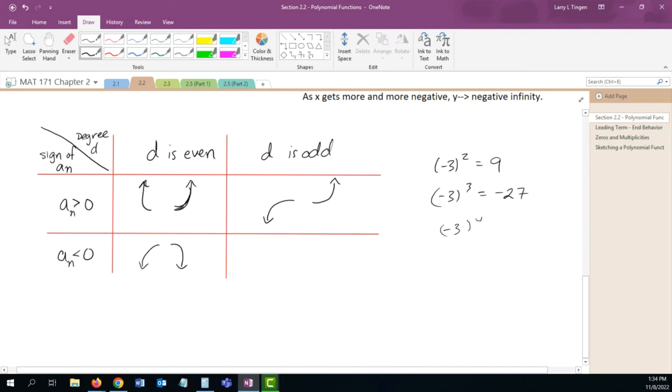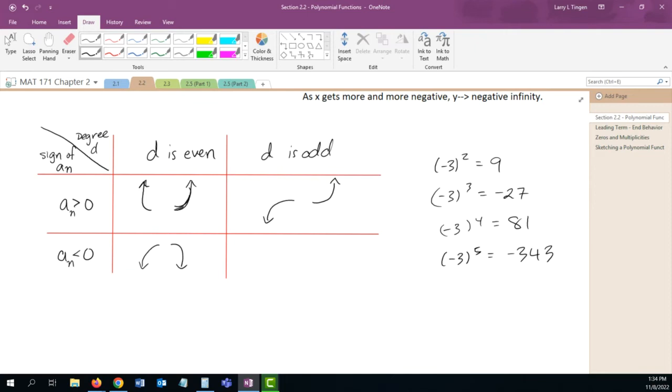Negative 3 to the 4th is 81. You see how the odd ones, negative 3 to the 5th, negative 243, give negative outputs. When I take a negative number and raise it to an odd power, I get negative numbers as my output.